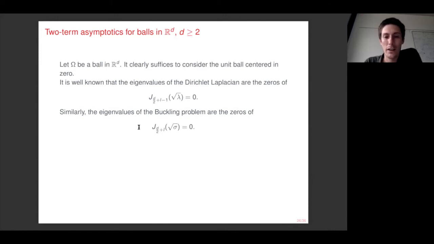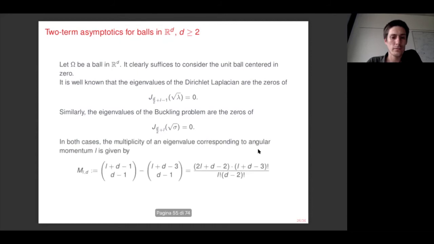Similarly, one can do the same for the buckling problem and obtain that the eigenvalues are the zeros of this equation. As you can see, it's the same up to a shift in the order of the Bessel function. However, in both cases, the multiplicity of an eigenvalue corresponding to angular momentum L is given by this constant here.